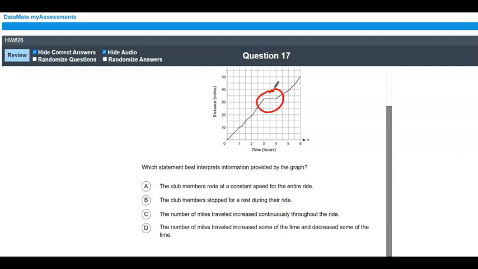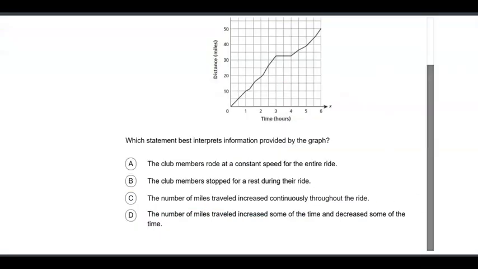So there's a bit of a break in the graph here. So that means that they don't constantly ride the same speed, but they did stop for a rest right here. And we could say this one's wrong because it's not continuously the same amount, and it never decreased. So the only option is B.